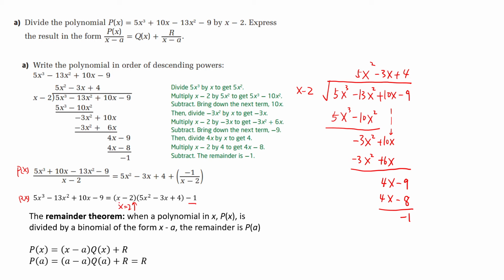If we do not do the long division, we can just plug in x = 2. So we have 5 times 2³ − 13 times 2² + 20 − 9. We have 40 − 52 + 20 − 9. We will get −1. So this is a very easy way if you just want to know the remainder.